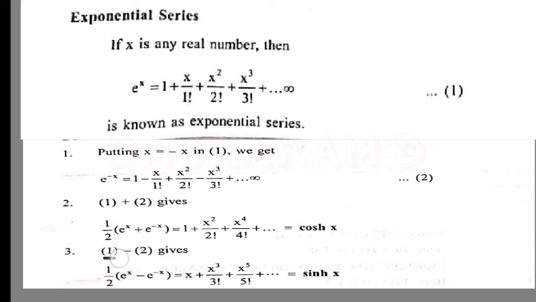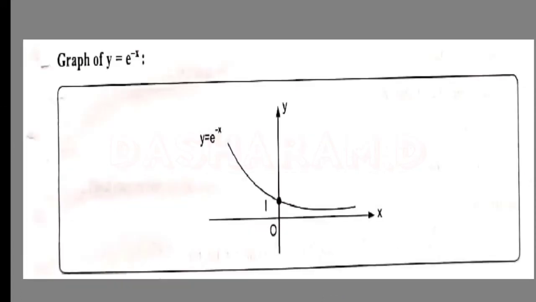If you subtract the same equations, we will get a different answer, that is 1 by 2 of e to the power of x minus e to the power of minus x equals x plus x cube by 3 factorial plus x to the power of 5 by 5 factorial plus dash equals sin hx. This is the graph of e to the power of minus x.